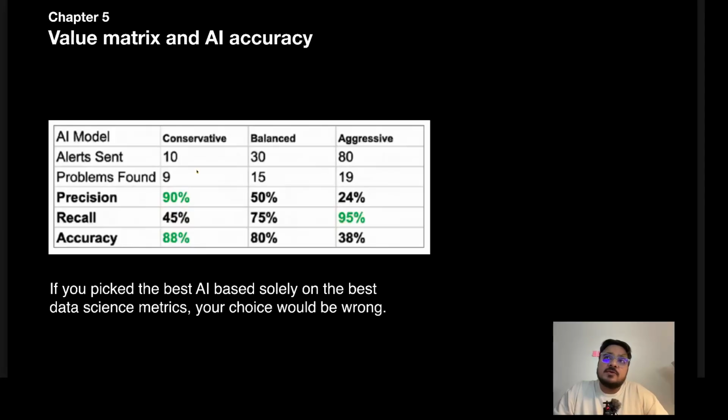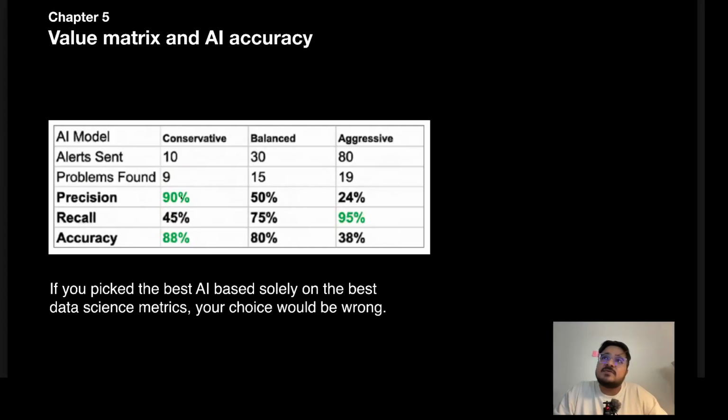There could be three kinds of AI models. One is conservative, one is balanced, and one is aggressive. Now what is aggressive, what is conservative, what is balanced? See how many alerts they are sending. In conservative they are sending 10 alerts and 9 problems are found.